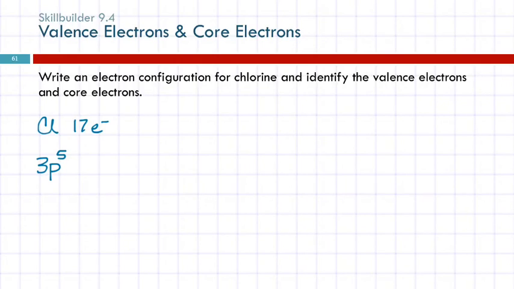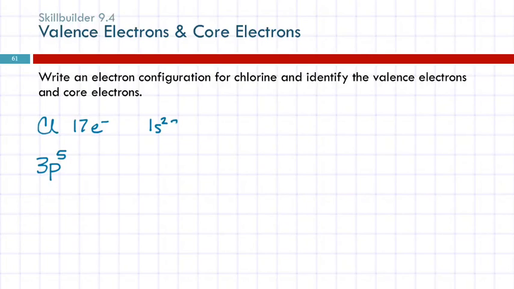So we're going to go up to that. There's different ways you can think about or remember writing these. You can say, okay, well, that's where I'm going to end. I'm just going to fill in everything before that. Or you can count it through on the periodic table, whatever makes the most sense to you.